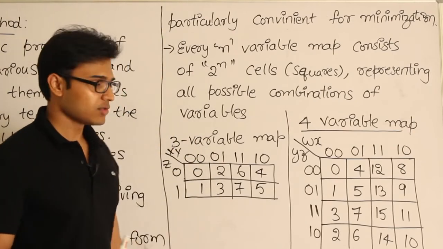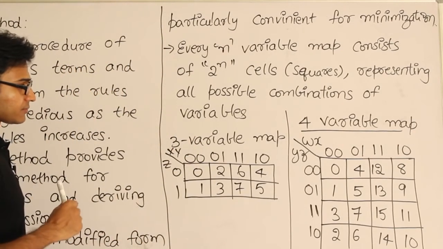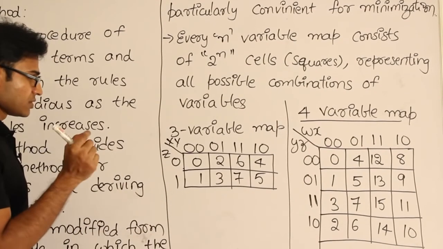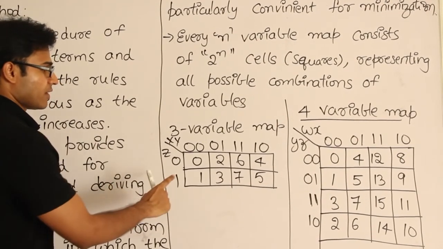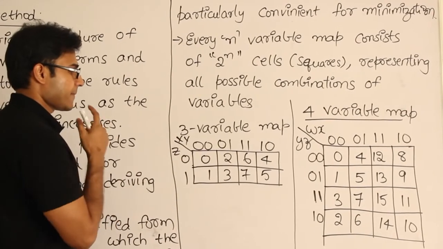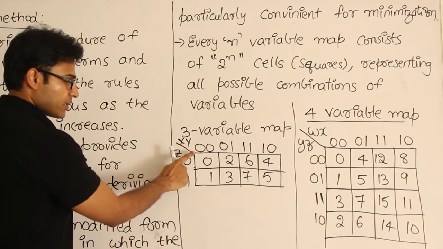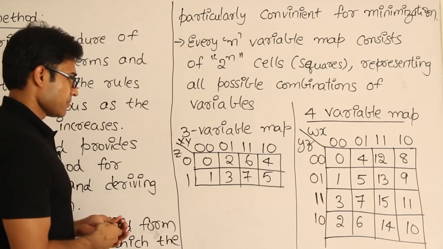One more thing: many students, when I teach this in the classroom, get confused in one small thing. Whenever you are filling the rows, whenever you are putting the numbers about the table, I'll explain one by one.